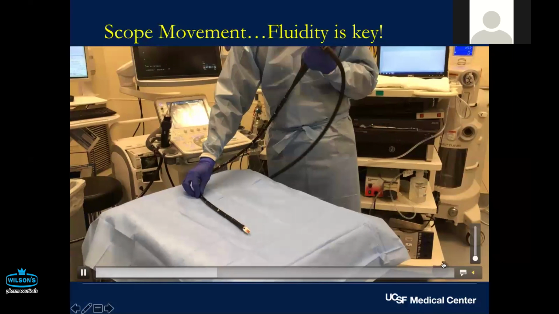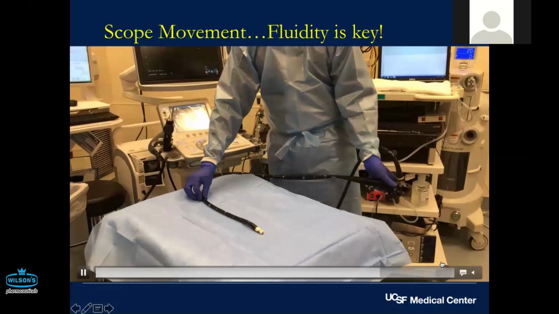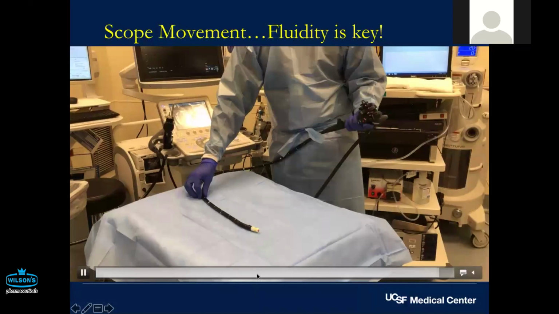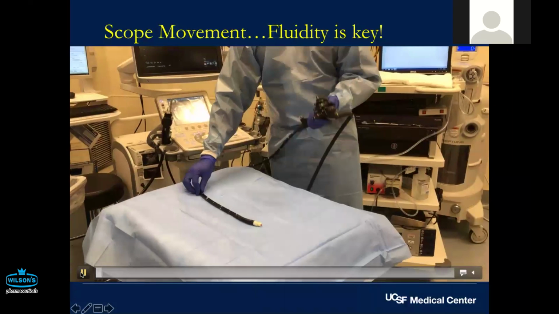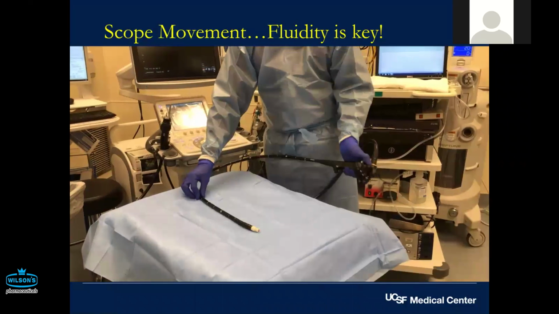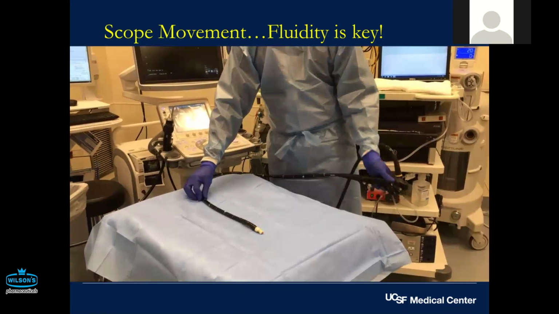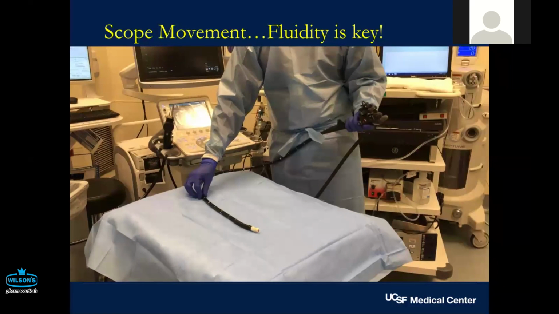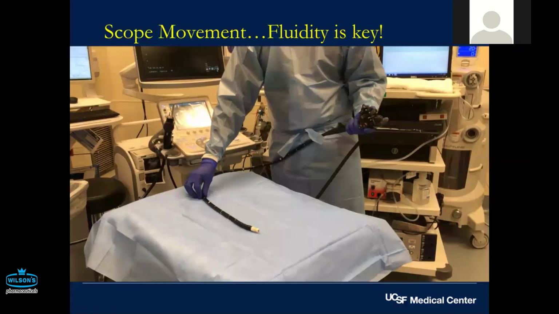So your left hand has to do a lot of moving to allow the scope to freely move. You can get 360 degrees with the scope without having to do too much with your right hand, with the left hand doing most of the work and your right hand just supporting the scope inside the patient's mouth.